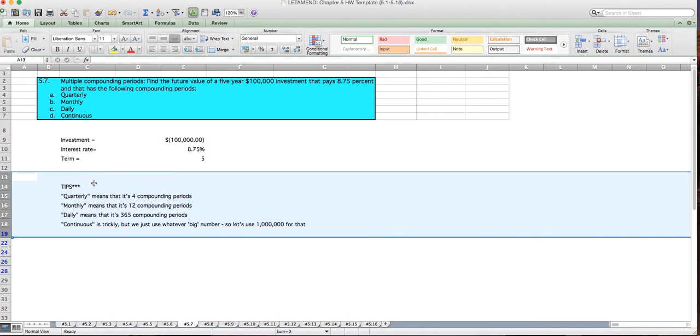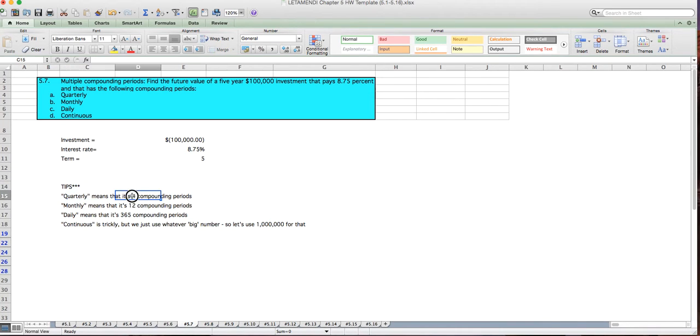So here's a couple tips. Quarterly means that it's 4 compounding periods. Monthly means that it's 12 compounding periods. Why? Because there's 12 months in a year. Daily means that it's 365 compounding periods. Why? Because it's 365 days in a year. And then continuous is tricky.